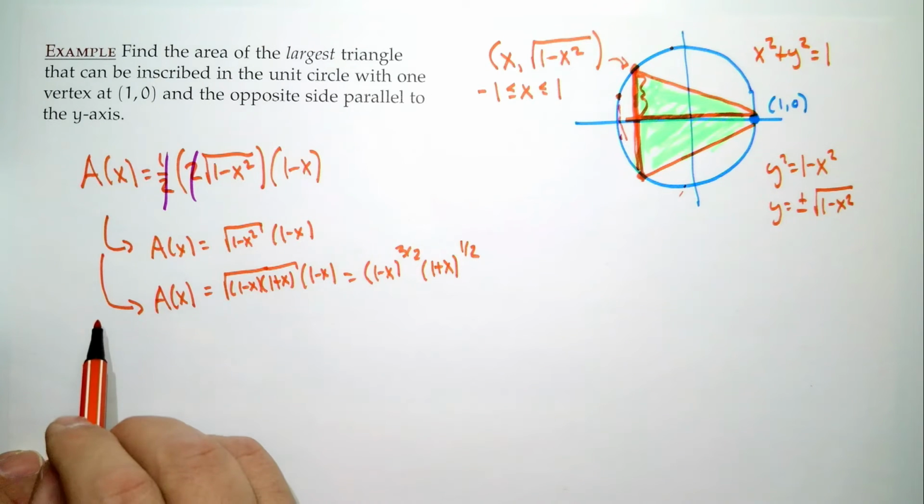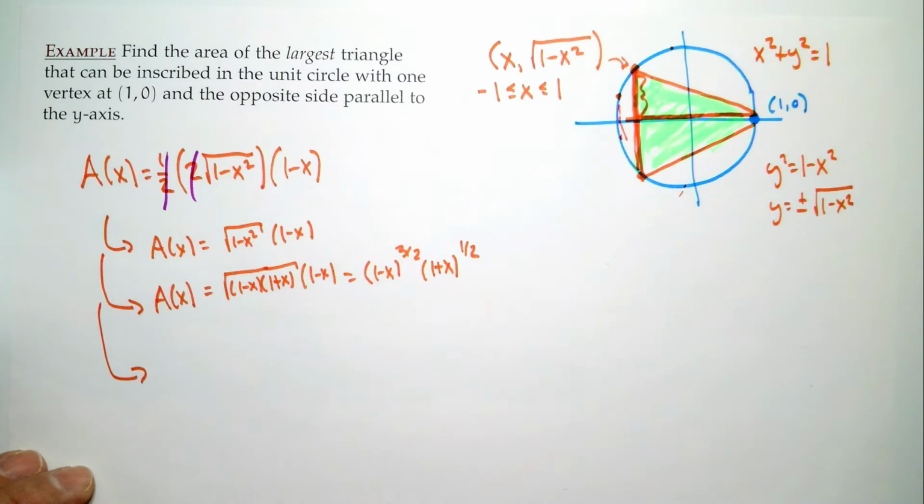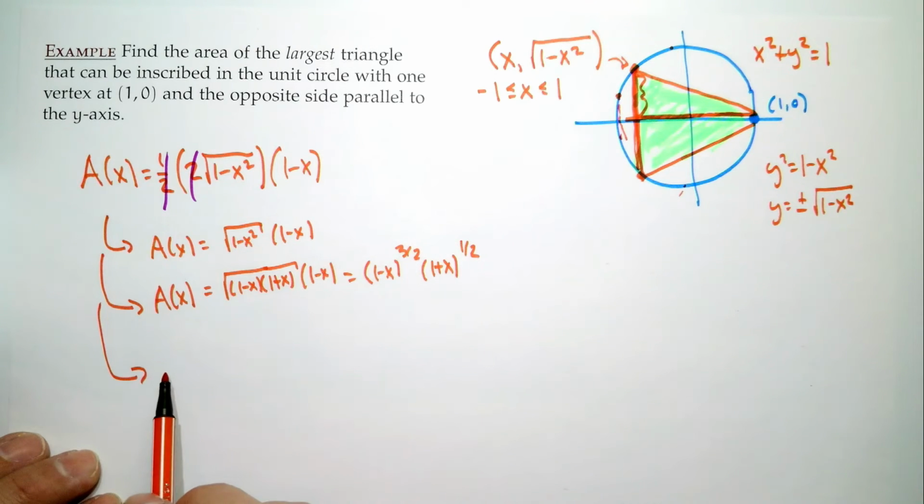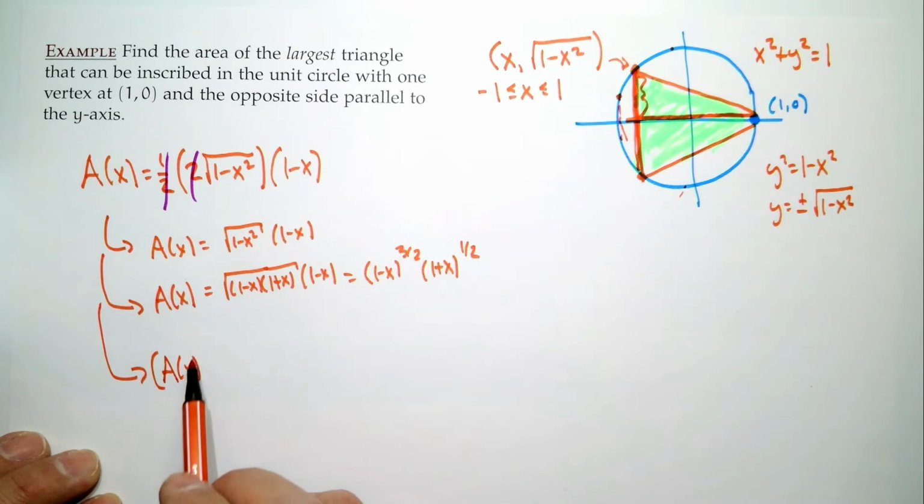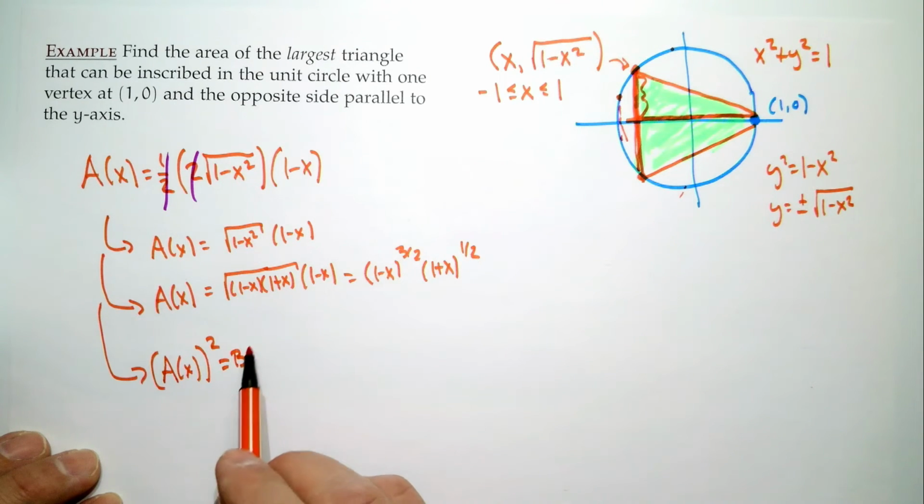That's one option. And then the third option says, oh man, do I have to work with the square root? And the answer is, no, you don't have to. You can save yourself a little bit and say, instead of optimizing area, I'll optimize this function. I'll call it area of x squared, b of x.